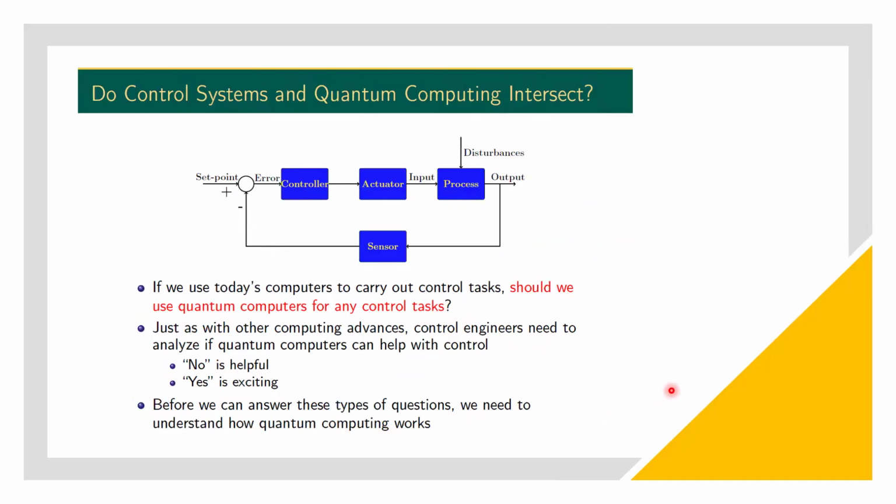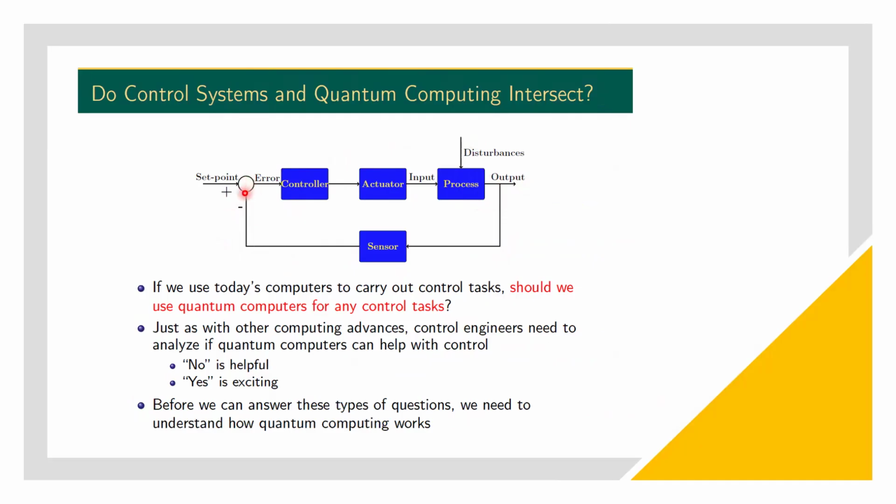So how do control systems and quantum computing intersect? Well, in today's control loops, this would be a typical example. We will have our process and there will be different ways that it changes over time according to its dynamics and any disturbances or inputs. We'll measure some aspect of the process, we'll call that an output, using a sensor.